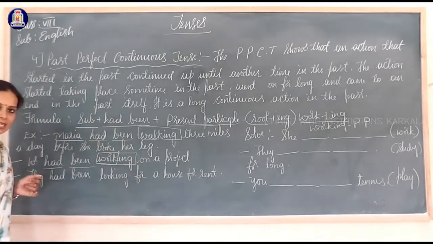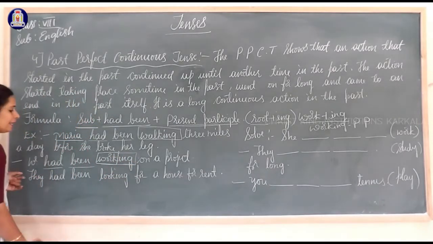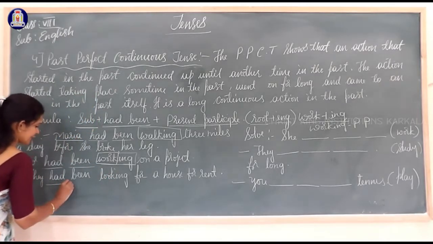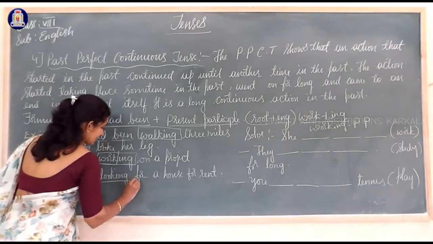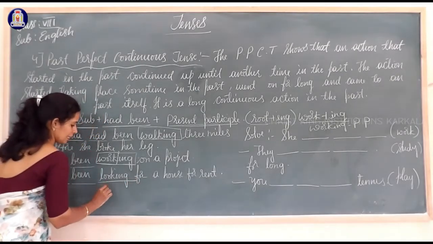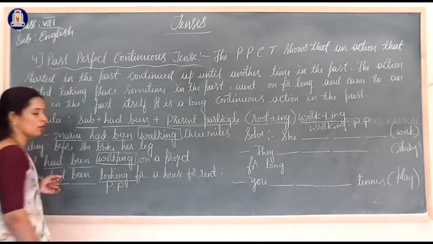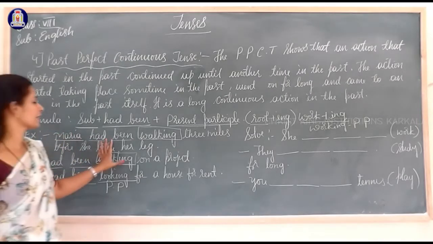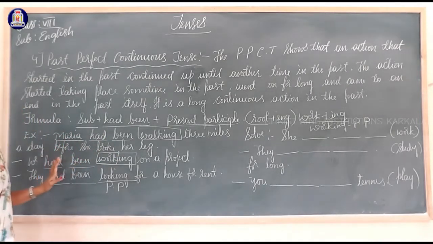It will be called a present participle. Here, they had been looking for a house for rent. They is the subject, had been plus looking. Here, looking is a present participle of the verb. Okay. So, Maria had been walking 3 miles a day before she broke her leg.